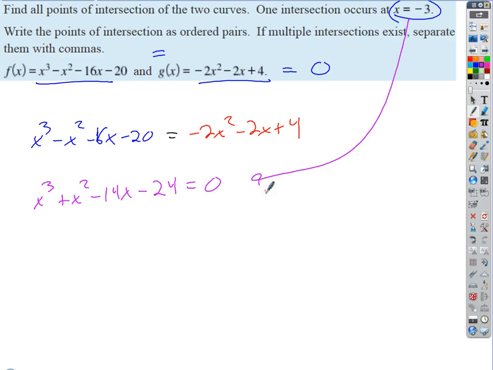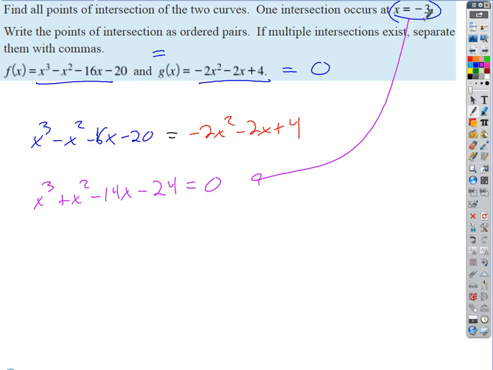So how could I easily attack this problem and find the others? Okay, I know that x minus -3, x plus 3, must be a factor of this, right? So I can divide that synthetically and figure out what the other bigger factor is. But what's its degree going to be? If I divide this whole thing by x plus 3, I'm going to get a quadratic, right?